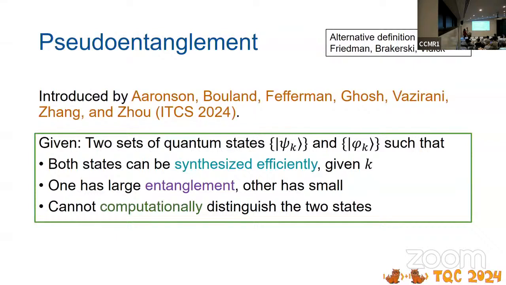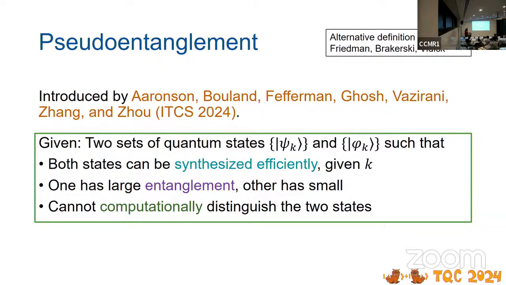These are not known to be equal. It seems similar to me, but that might be a new paper for you. Anyways, I think the result says that EFI pairs imply pseudo entanglement of this ABV kind.